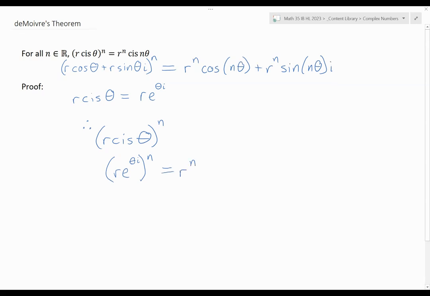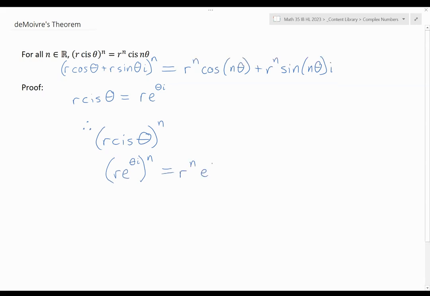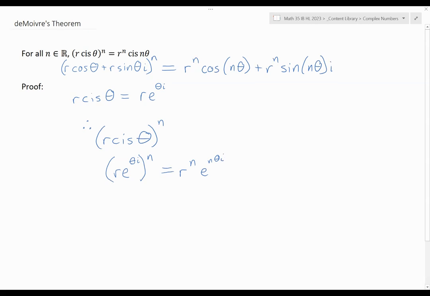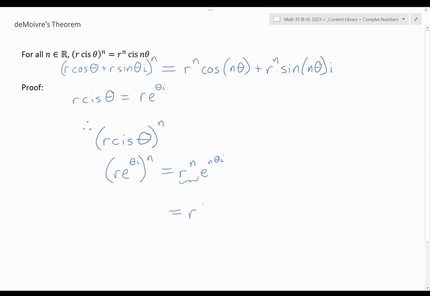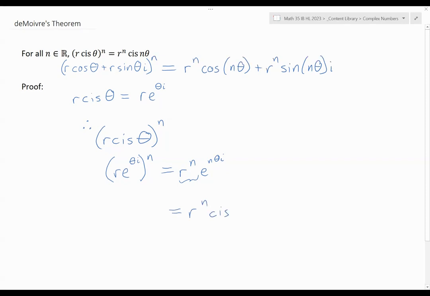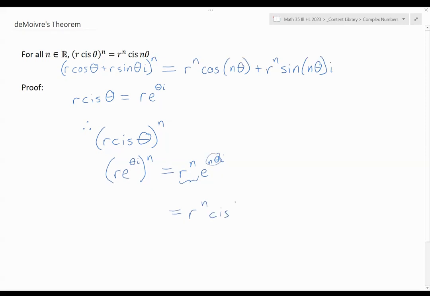So that's r to the power of n, e to the power of n theta i. But then we simply reverse the conversion into polar form, where r to the power of n is the new modulus. So this is equal to r to the power of n, and then cis n theta, where n theta is the new argument. So that's it.